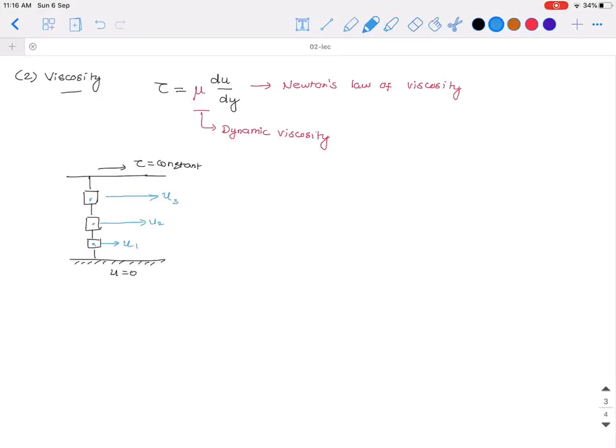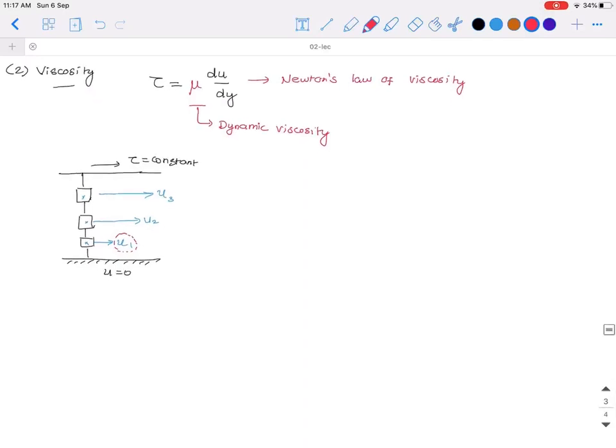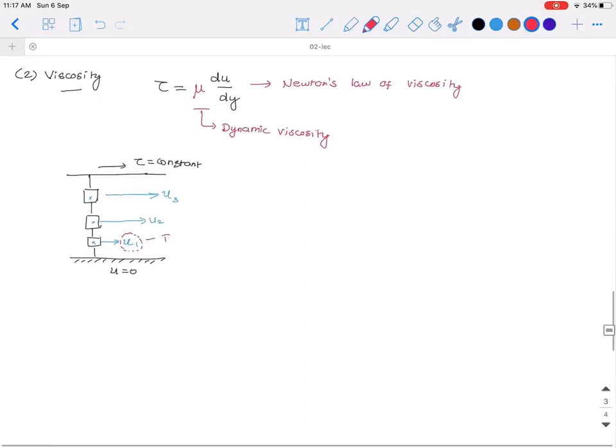Okay, so what happens is that this layer that is moving at a smaller velocity, due to the cohesion between molecules, the intermolecular forces and the random collisions, tries to slow down the particle.